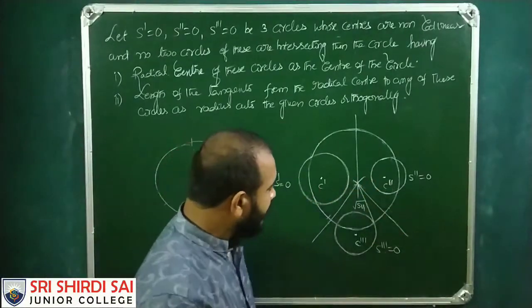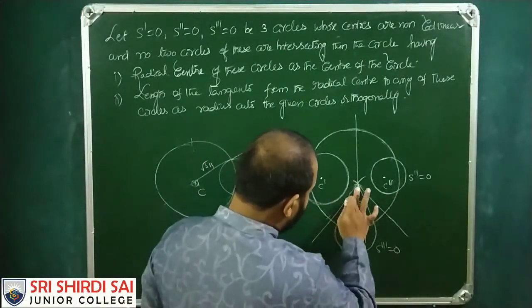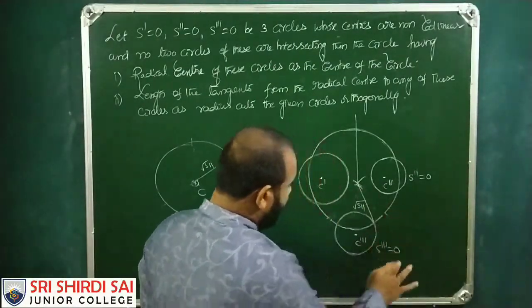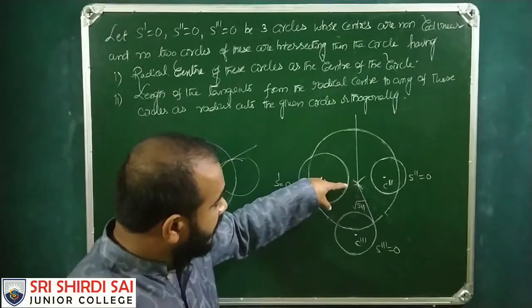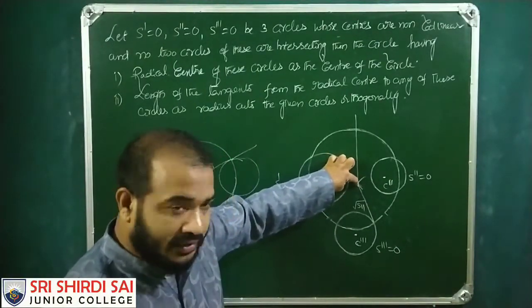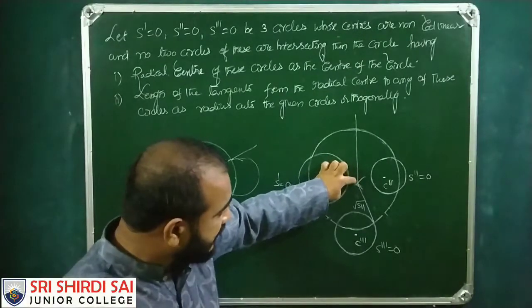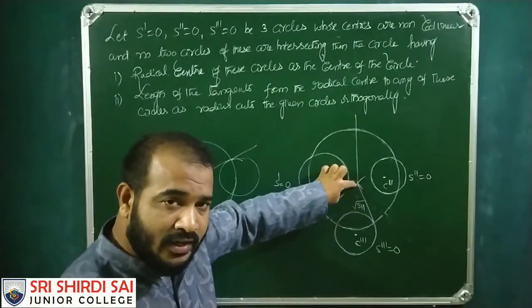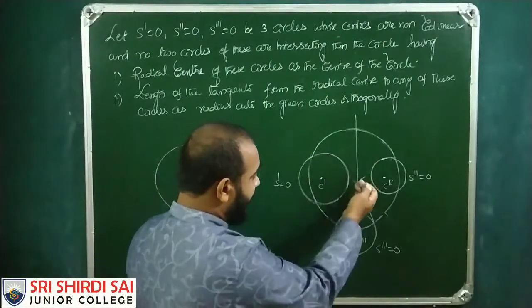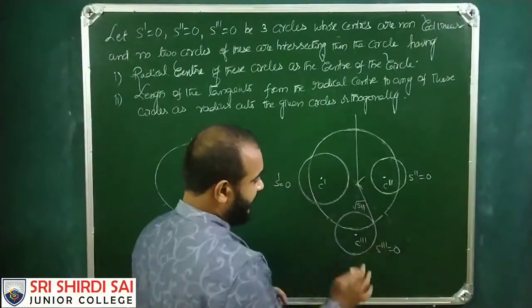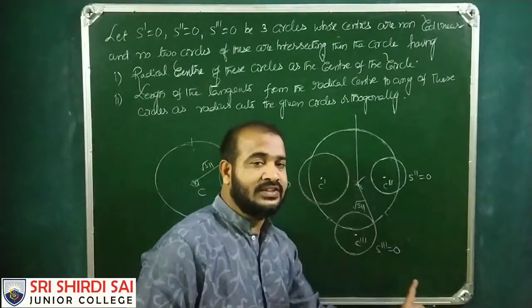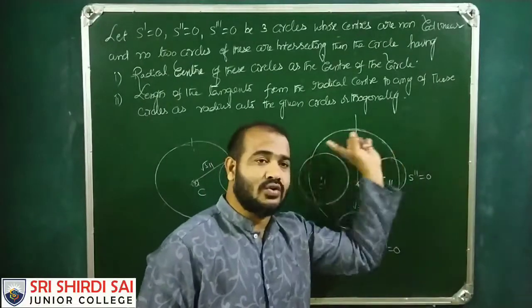Here in the diagram I have shown the length of the tangent drawn from this center. What is this center again? This center is the point of concurrence of these three radical axes. Therefore, this is the center of the big circle which is cutting all the three circles orthogonally.